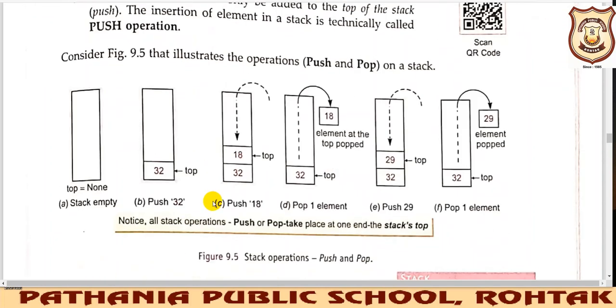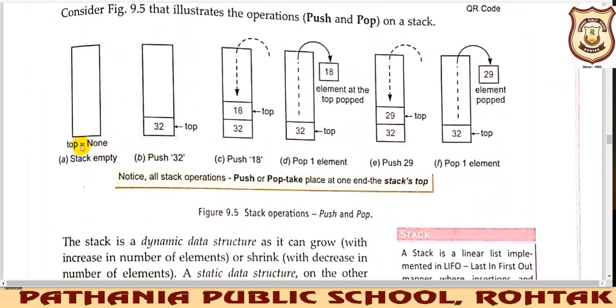Fine. Now let us see what he is trying to do in this particular diagram. Initially the stack was empty, so top is pointing to none, meaning nothing is there. Once we have pushed element 32 in the stack, now top will not point to null, it will point to this 32.